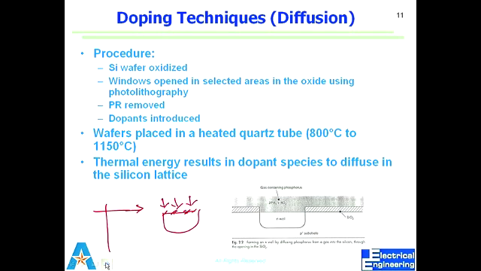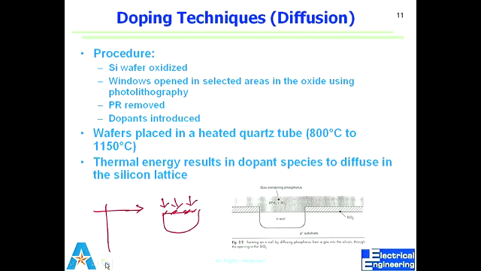In this case, what we get is phosphorus incorporated, which is an n-type material, right? So, an oxidized wafer, open the window where we want this to happen. We remove the photoresist, and we remove the silicon dioxide before we remove the photoresist, and we introduce the dopants. It's heated to a really high temperature, and thermal energy makes them travel. Now, this is a high temperature process.